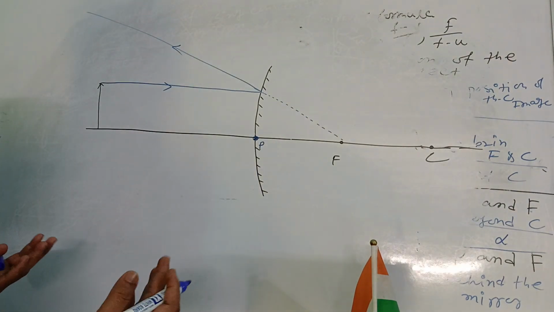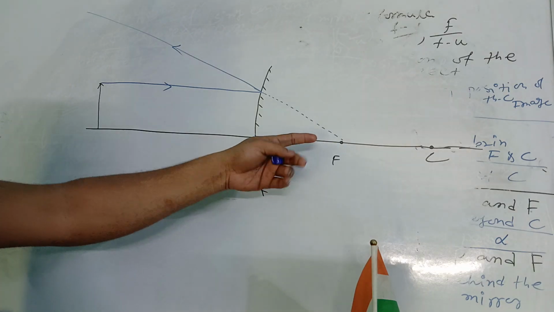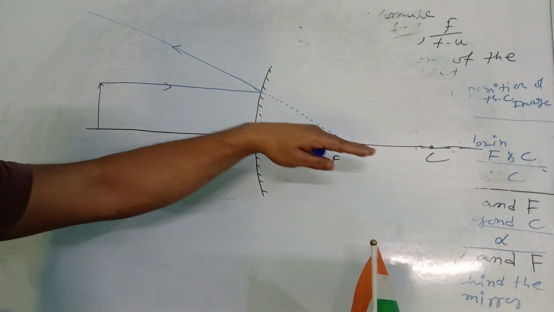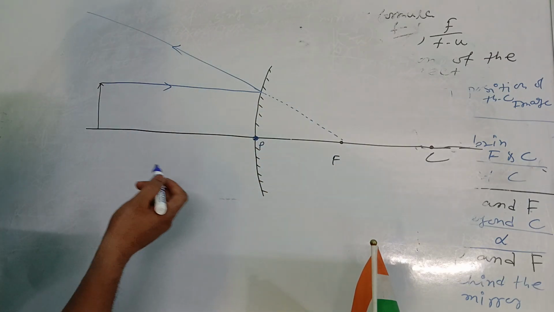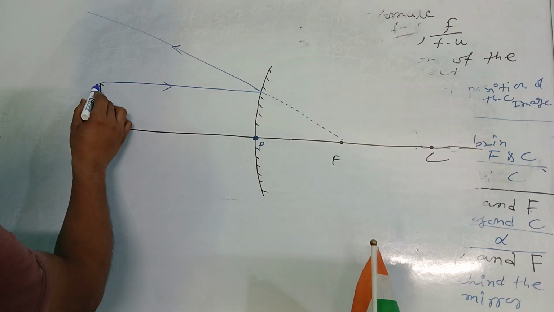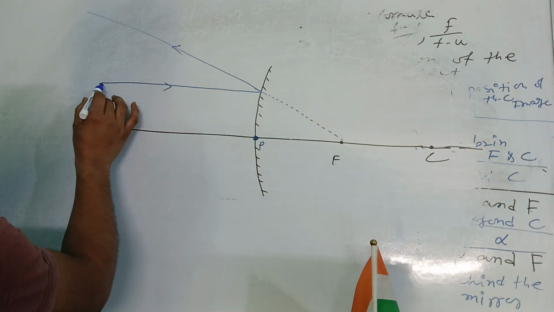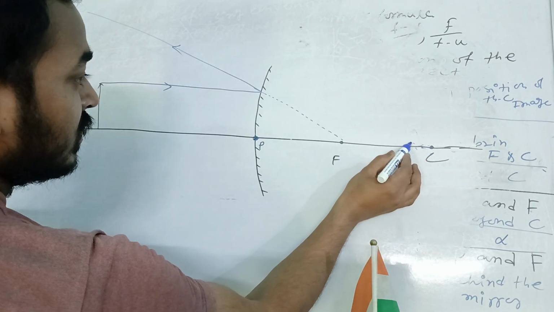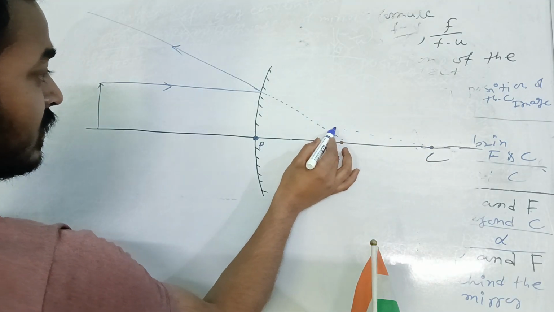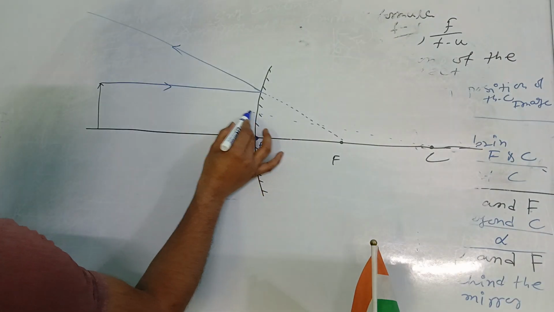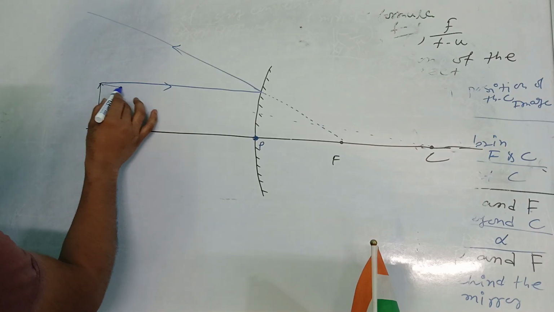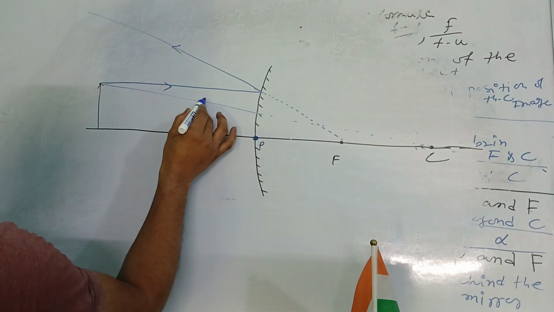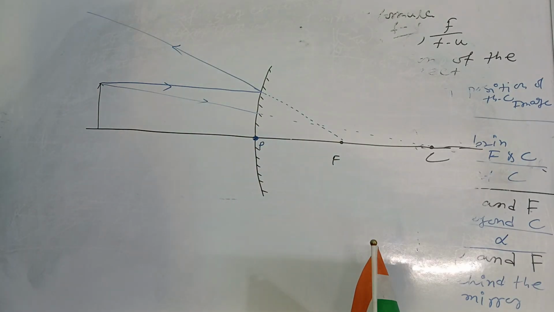So you can take oblique incident, focus seeking, or you can say towards the center. It is your choice. So I'm taking one ray which is moving towards the center of curvature.